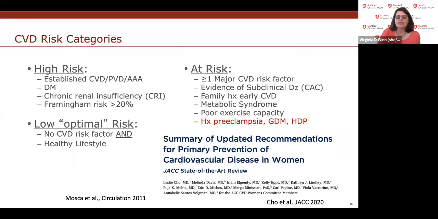What's interesting is that while pregnancy complications are known as a risk factor, as an independent risk factor in the calculators it hasn't proven to be more predictive, and these pregnancy complications are probably reflected in other risk factors in the calculators.